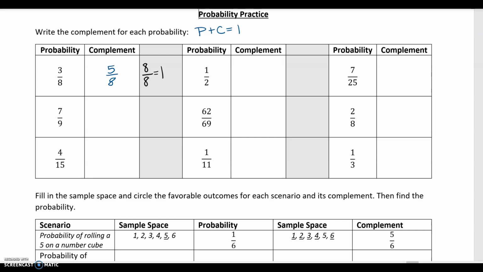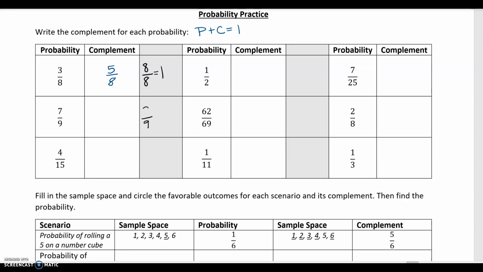So let's look at the next one. The next one says 7/9. Check my battery life. Okay. 7/9. So again, I'm looking at my bottom number and it's 9. So it's like I have, I don't know, I say cookies a lot, but it's easiest. I have 9 cookies. How many do I have to have all my cookies?